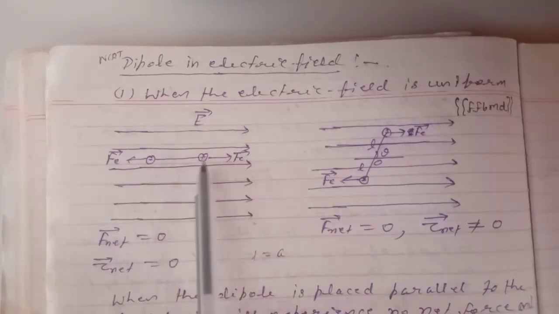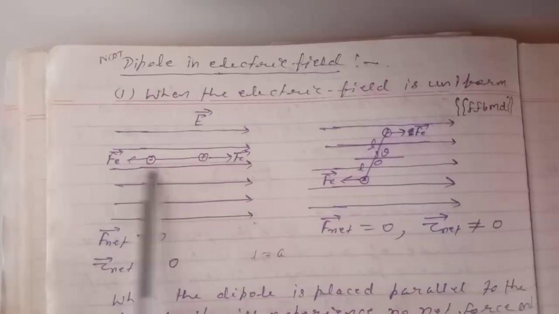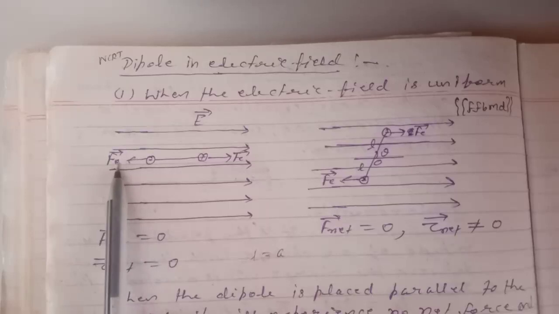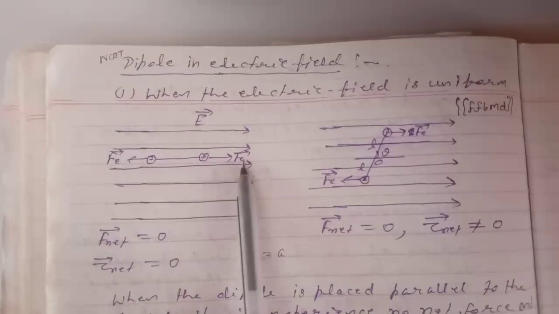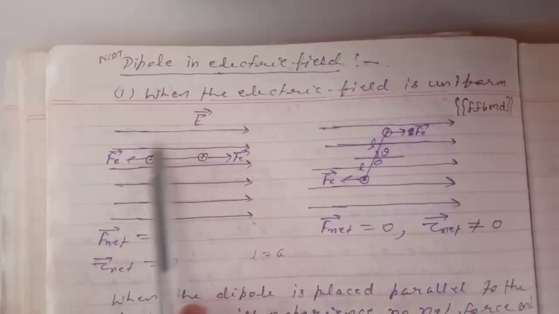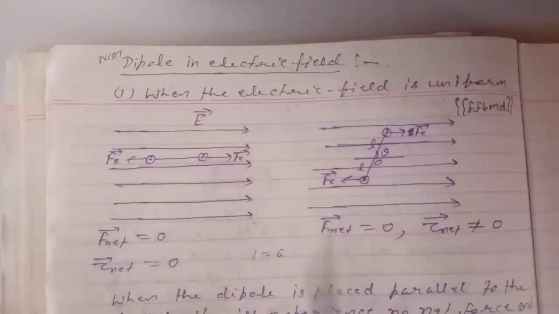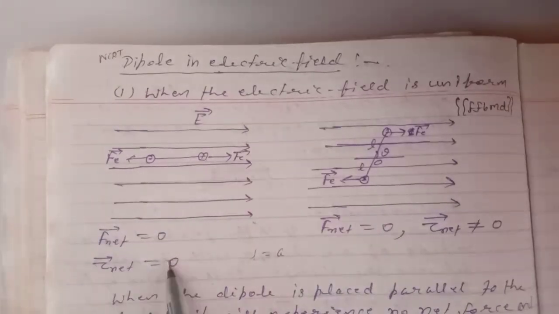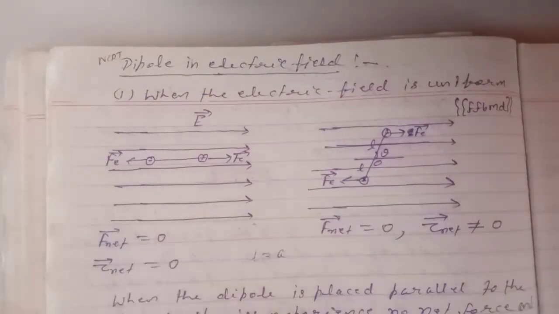The force on the positive charge will be along the direction of the field, qE, and on the negative charge in the opposite direction. So the net force on the whole system will be equal to 0, because the forces are equal in magnitude but opposite in direction. And net torque will be 0, because there is no torque in this case.